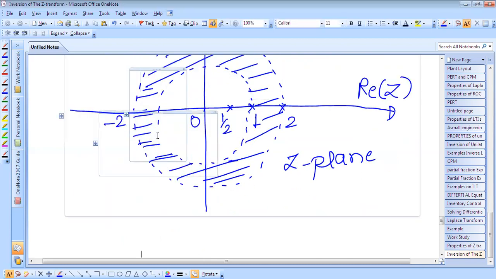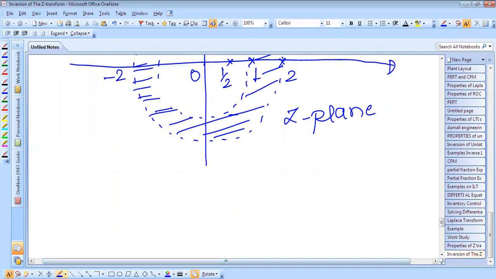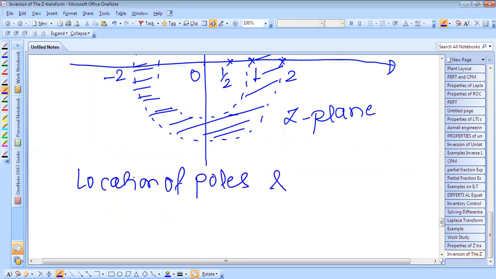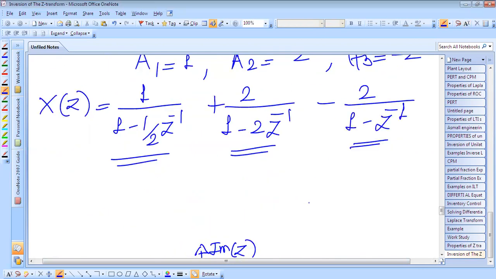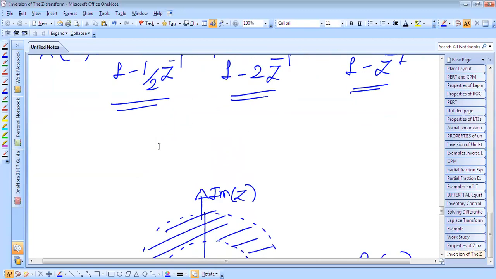This figure shows the location of poles and ROCs. So we'll find the inverse transform of the first term, that is 1 over (1 - (1/2) z^-1).